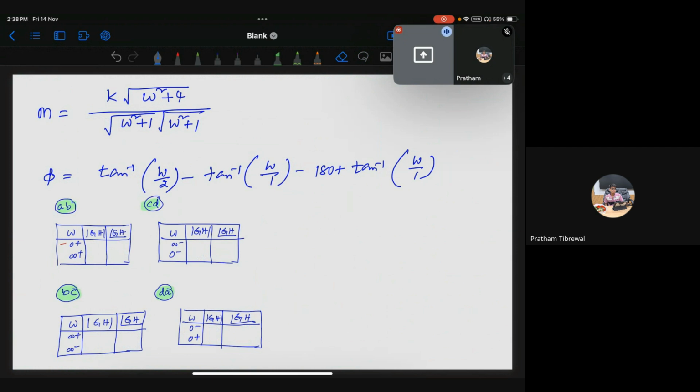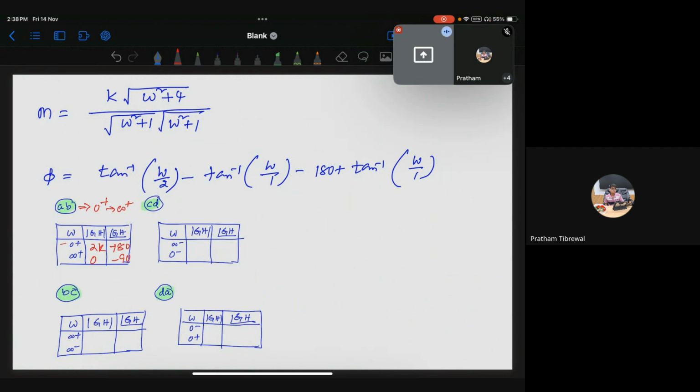So now we can calculate them. First for the A part, 0 plus to infinity plus, what are the values? We get 2K minus 180, 0 minus 90.